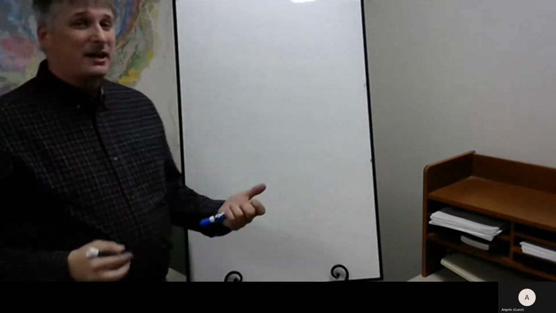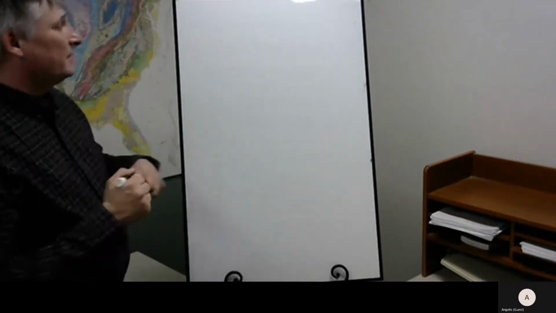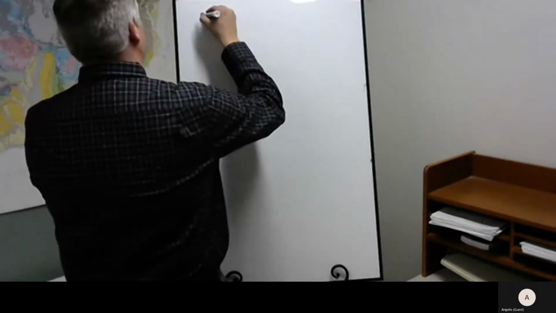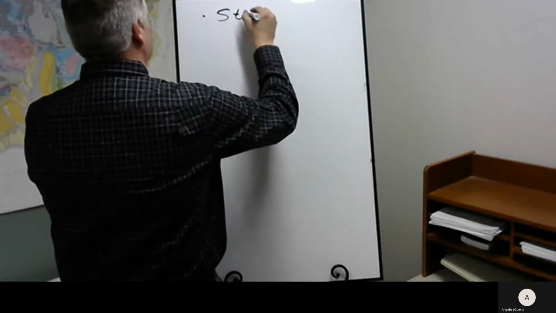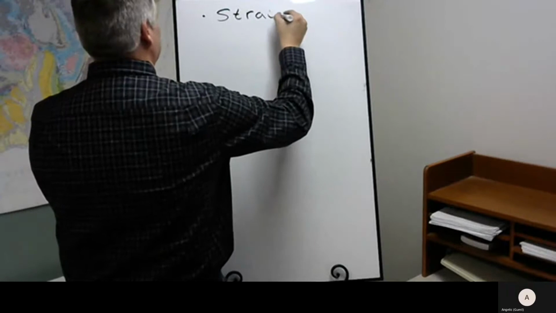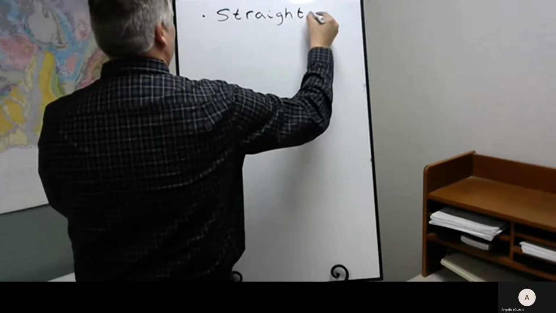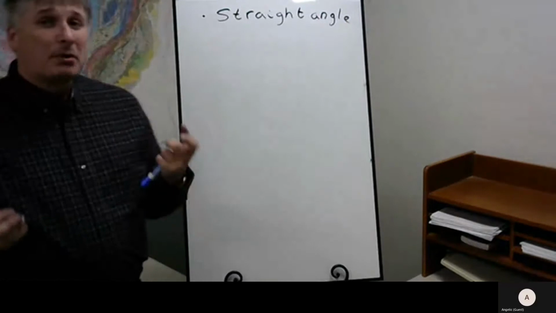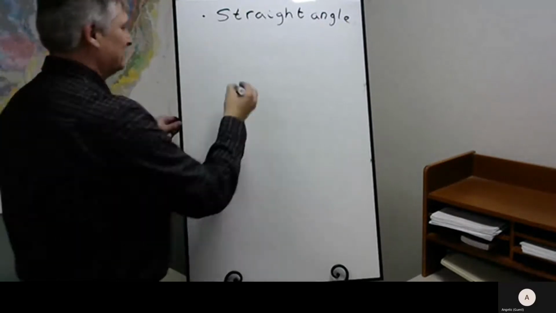So the next kind of angle we're going to look at is what's called a straight angle. This is an angle that's perfectly flat.